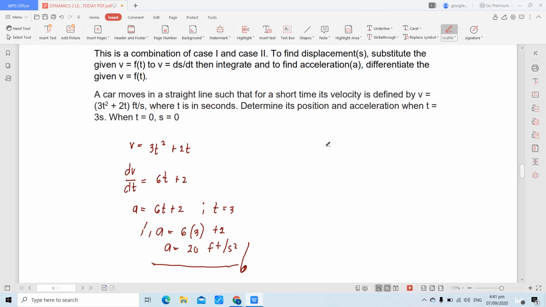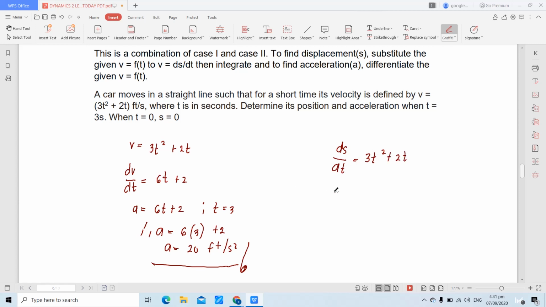Okay. Para makuha yung position, integral calculus naman. No? Paano gagamitin yon? Dapat meron tayong differential equation. Substitute v equivalent to ds over dt. So ds over dt is also equivalent to 3t squared plus 2t.